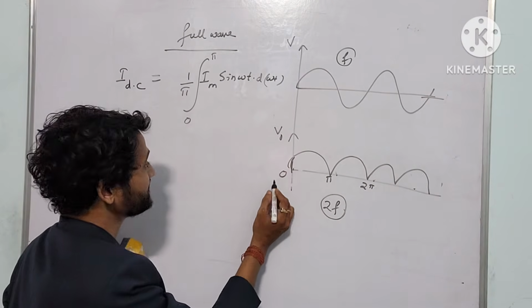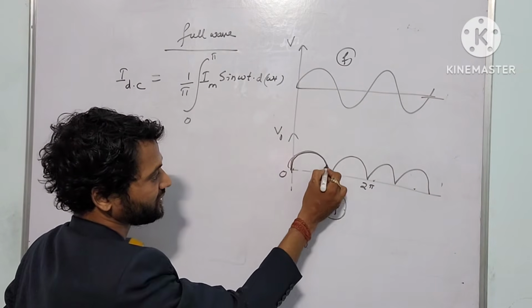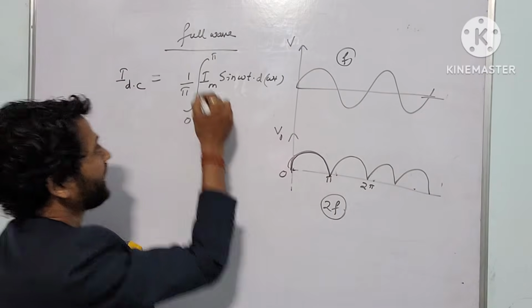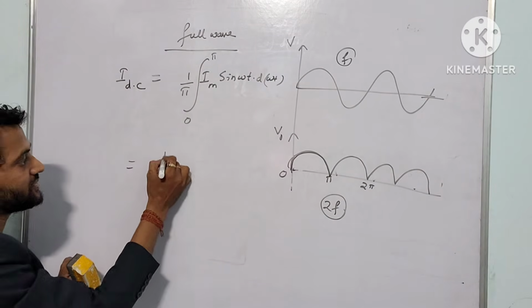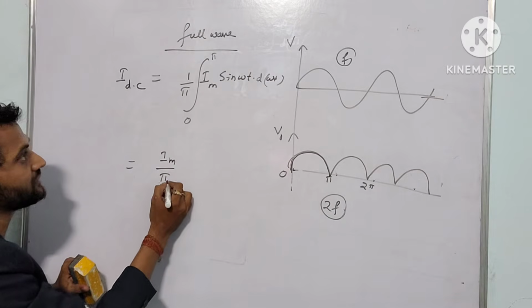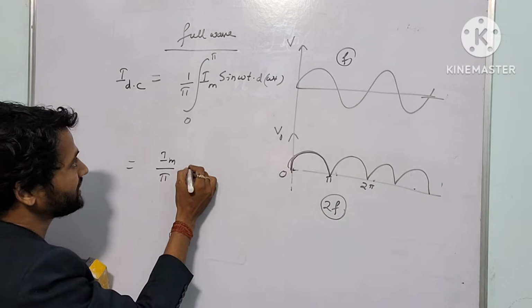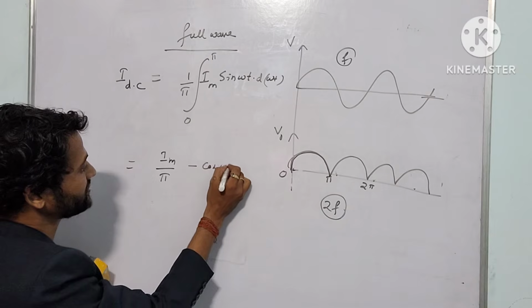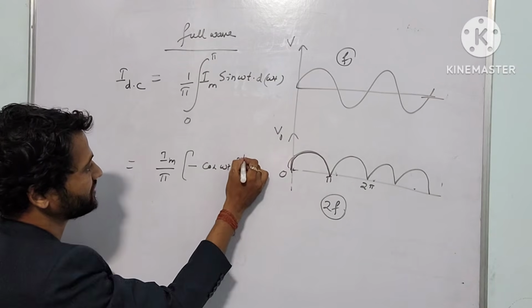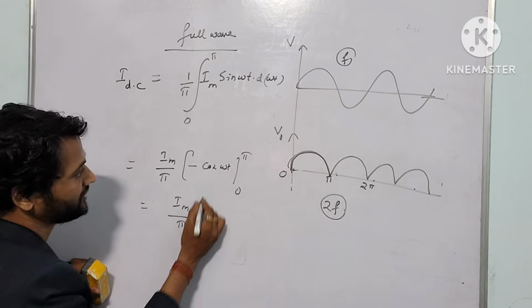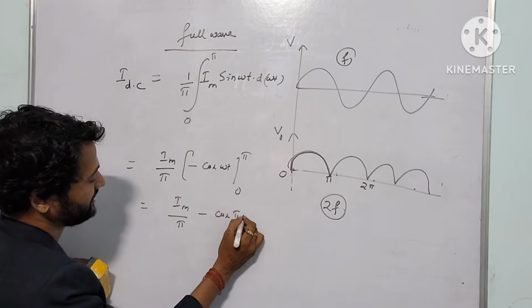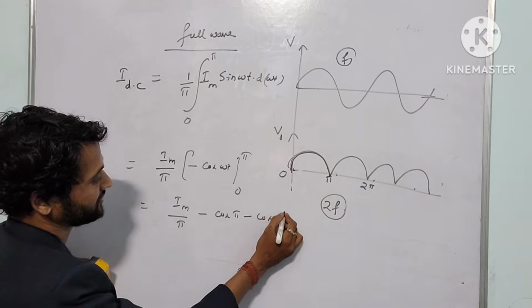That means to get the average value or DC value, we integrate this function from 0 to pi and divide by pi. So it will be Im by pi, the integration of sin omega t is minus cos omega t, and the limit is from 0 to pi, right? So it will be Im by pi times minus cos pi minus minus cos 0.